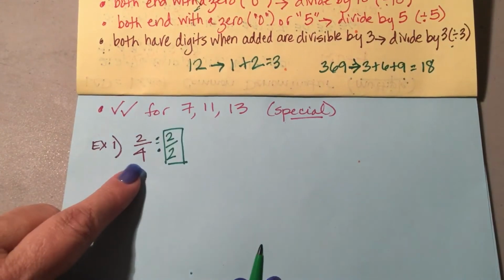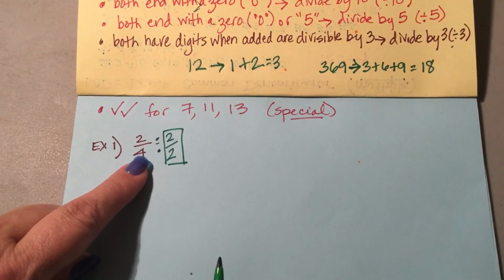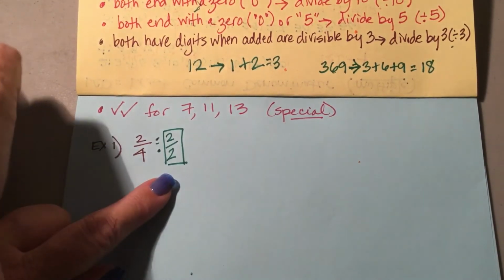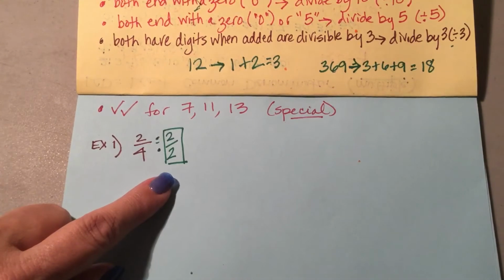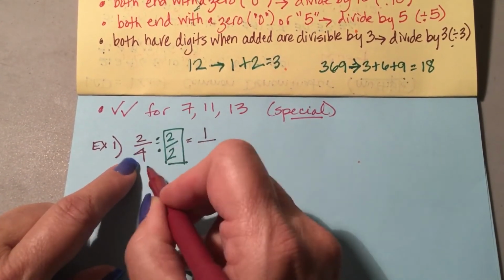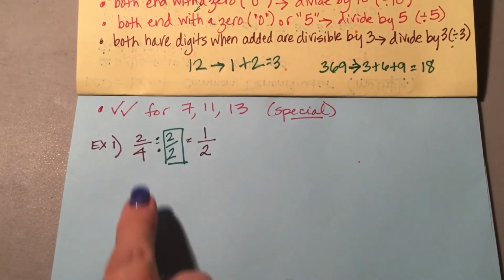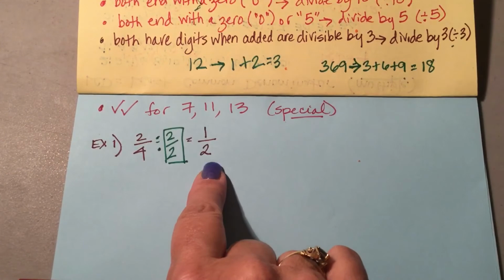But what it does do to a fraction is either makes it smaller or larger. In this case, because we want to simplify, we want to make it smaller, we're going to do it this way. So now we just do a little bit of math, right? So we'd say 2 divided by 2 is 1, and 4 divided by 2 is 2. So that's how we simplify a fraction from 2/4 down to 1/2.